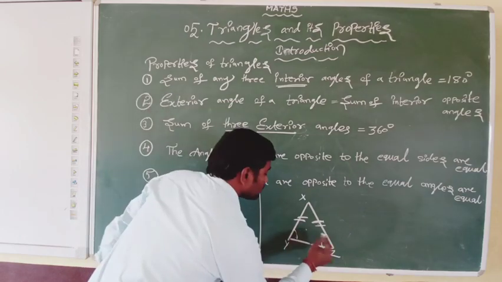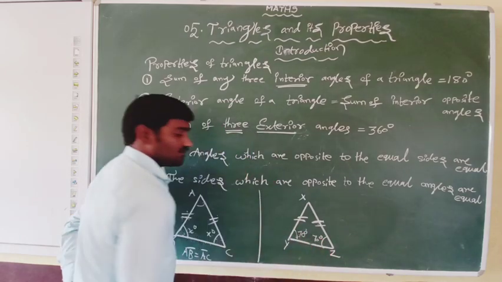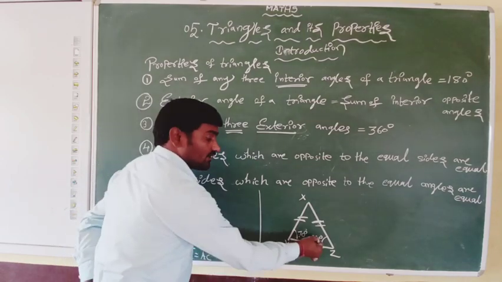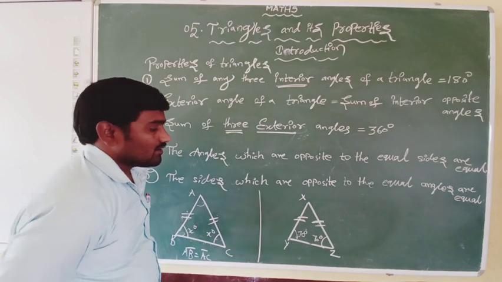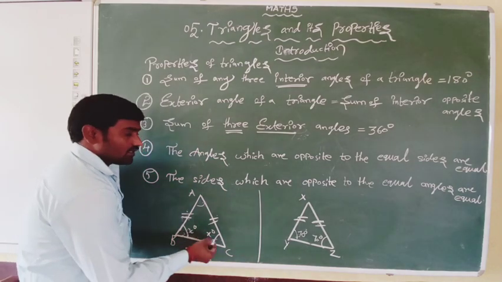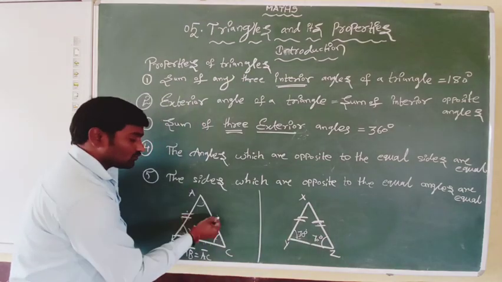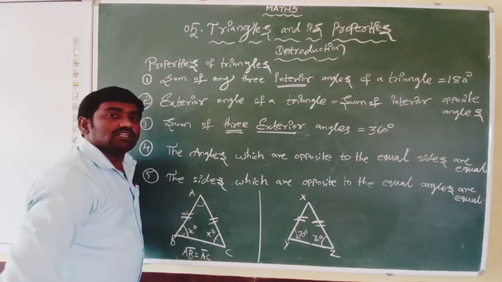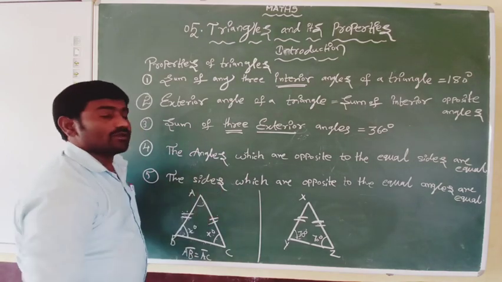Suppose it is 70 degrees and 70 degrees. These two angles are equal, so the opposite two sides are also equal. Remember that if two angles are equal, then the opposite two sides are equal. If two sides are equal, the opposite two angles are also equal. So these are the two main properties we need to remember.